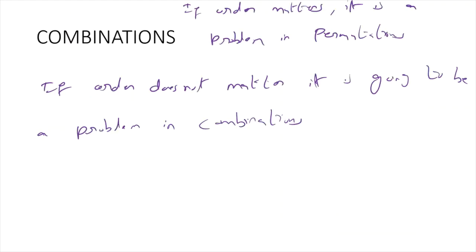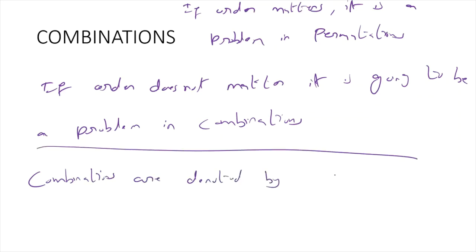In general, the number of combinations of n distinct objects taken r at a time is denoted by C of n comma r, or else we can use nCr, or else we can use this one. But in this chapter we will use this notation.